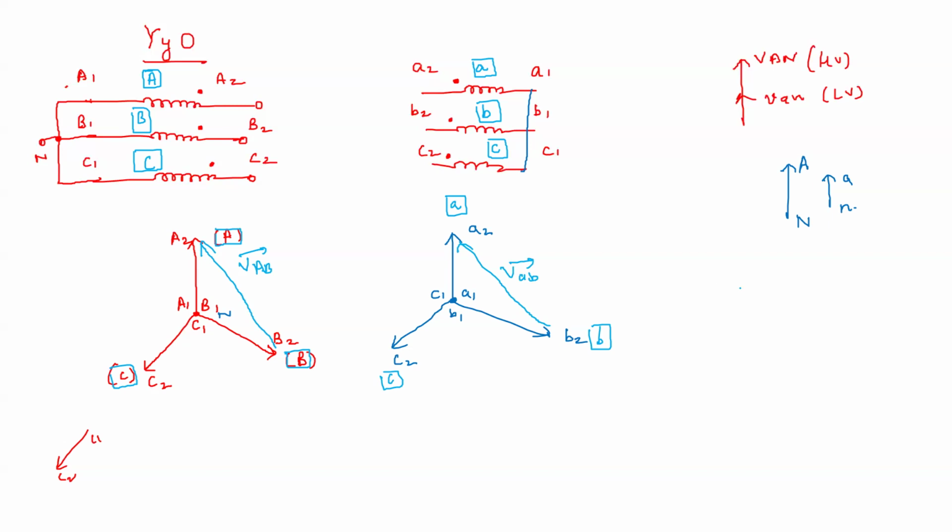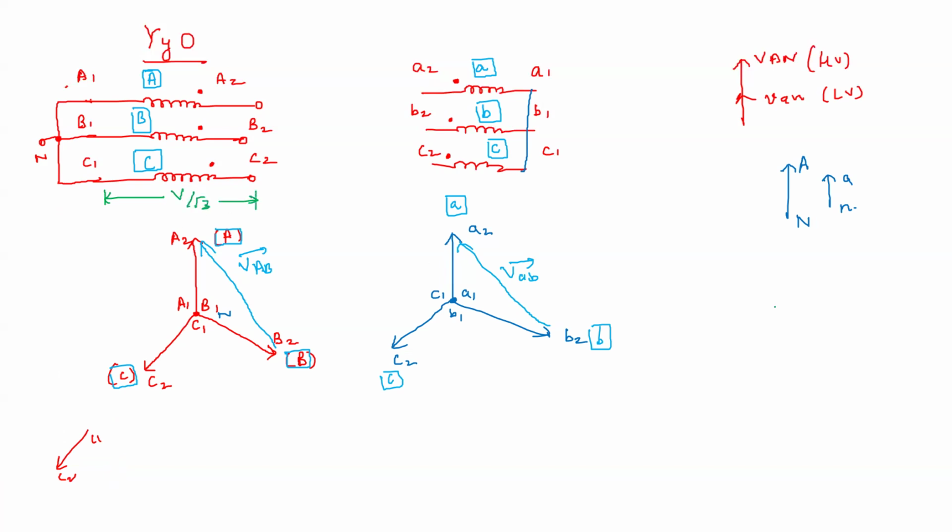First of all, what is the voltage transformation ratio? Suppose this voltage here is V. So this is V by root 3, if V is your line voltage.